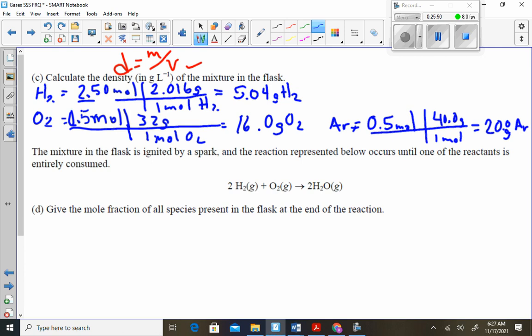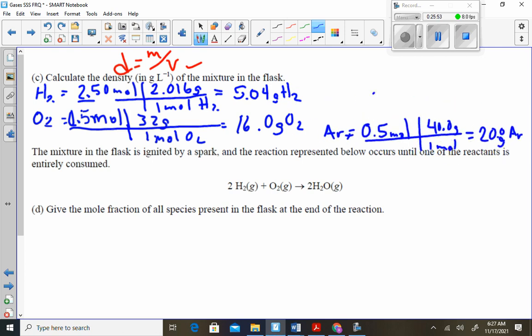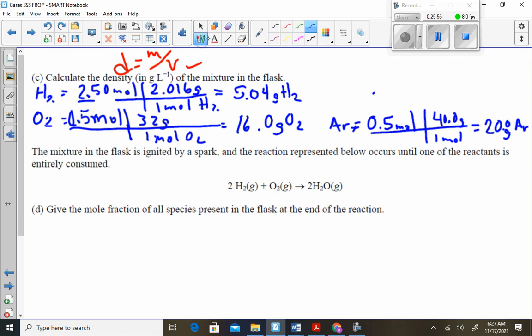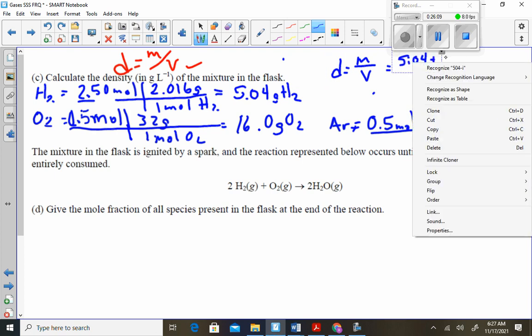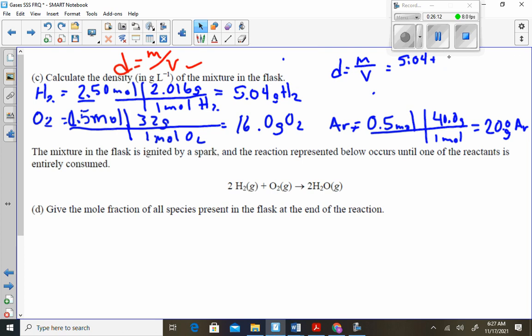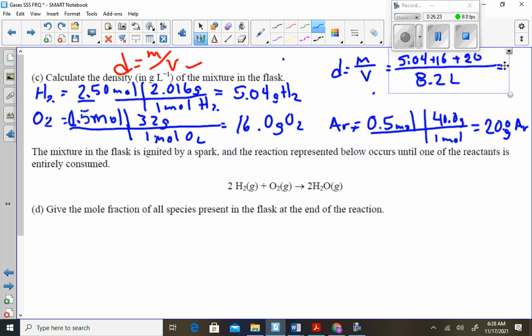So if density is mass divided by the volume, the mass of this system is the sum of all of those, 5.04 plus the 16 plus 20 over our 8.2 liters, and we get 5 grams per liter.